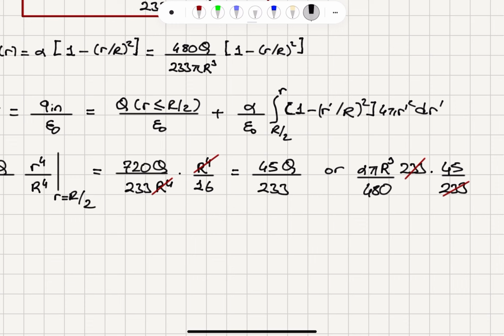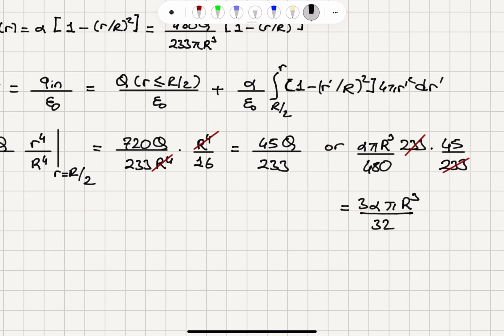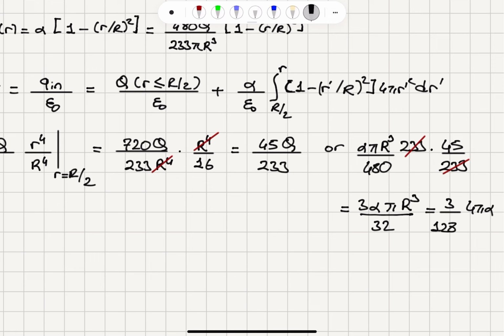This is equal to 3 alpha pi capital R cube over 32. And this can also be written as 3 over 128 if I multiply top and bottom with 4 pi alpha capital R cube.